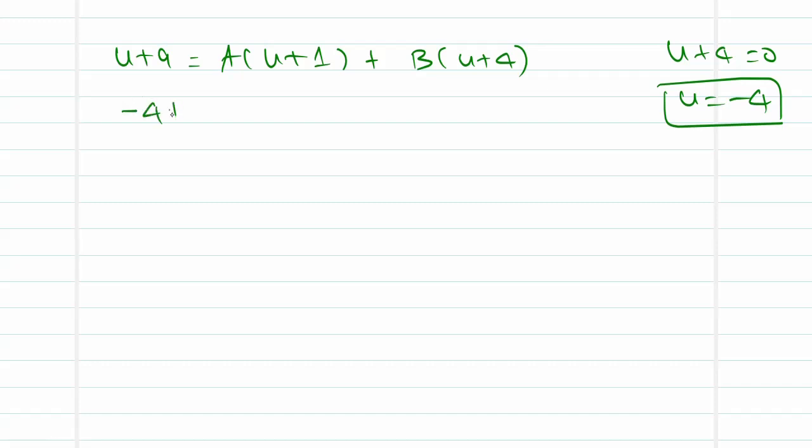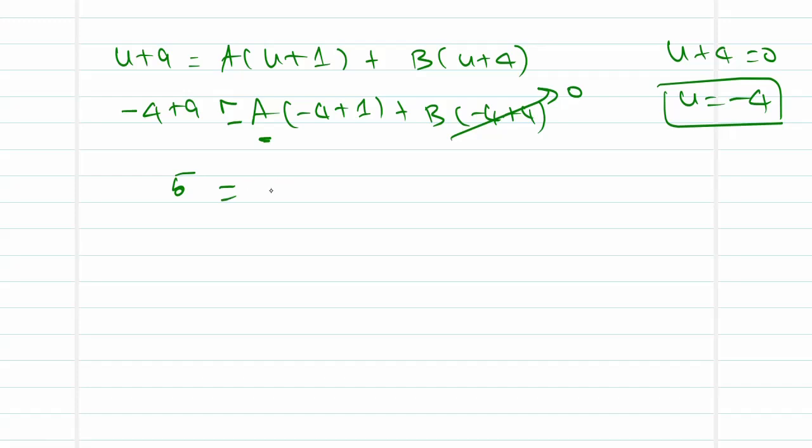So minus 4 plus 9 equals a times (minus 4 plus 1) plus b times (minus 4 plus 4). We know that minus 4 plus 4 cancels out, leaving us with just the constant a for estimation. 9 minus 4 makes 5, equal to a times (minus 4 plus 1), which is minus 3. So this gives me the value of a as minus 5 divided by 3.